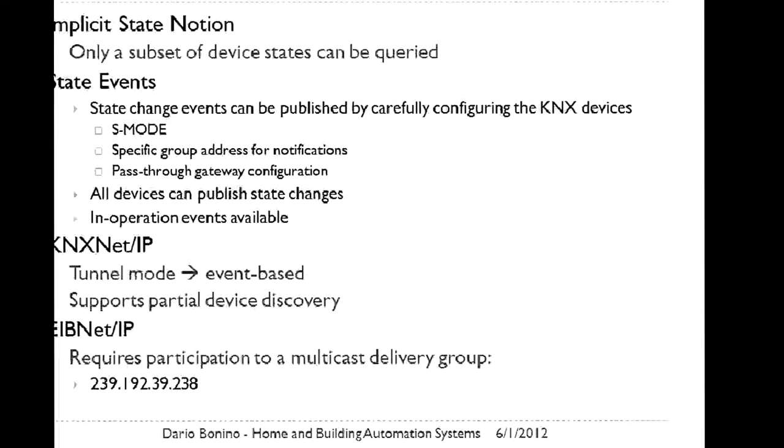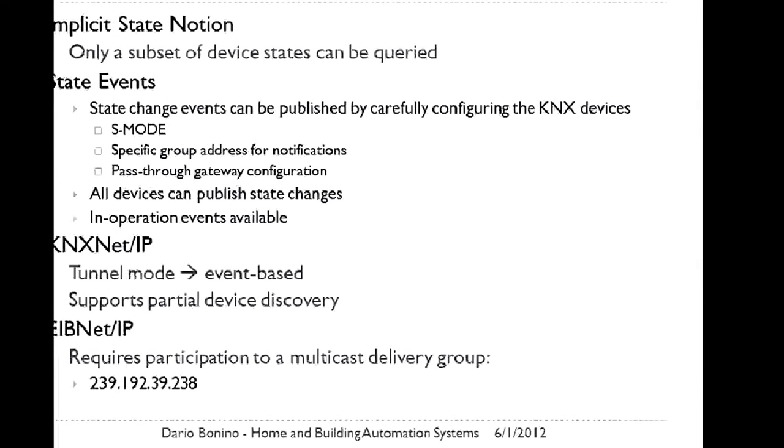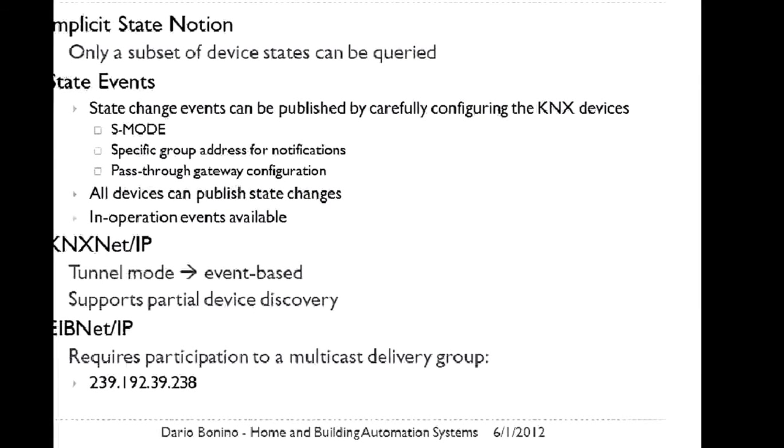Okay. We have almost all the detail we need to write another page of idiosyncrasies and peculiarities of the network. So, first difference, here we have an implicit state notion. We don't have state messages. Okay? We can have state messages if we properly configure the binding.